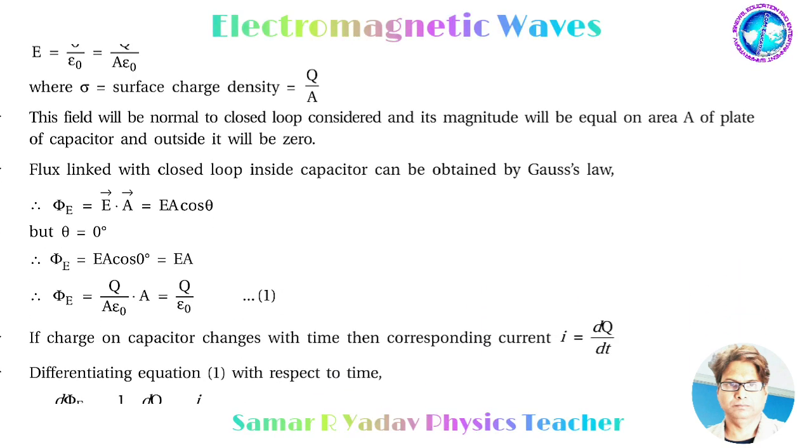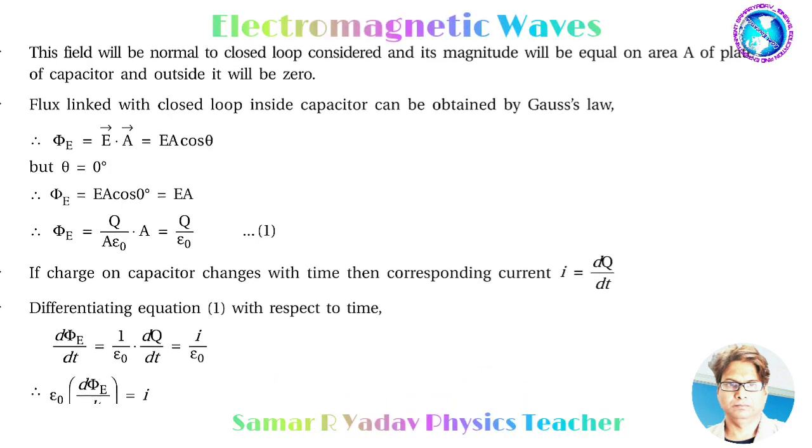Phi E is equal to vector E dot vector A, which is equal to E A cos theta, but theta is equal to 0, therefore phi E is equal to E A cos 0, which is equal to E A. Phi E is equal to Q upon A epsilon 0 into A, which is equal to Q upon epsilon 0, equation 1.